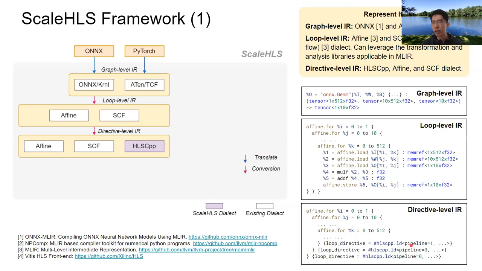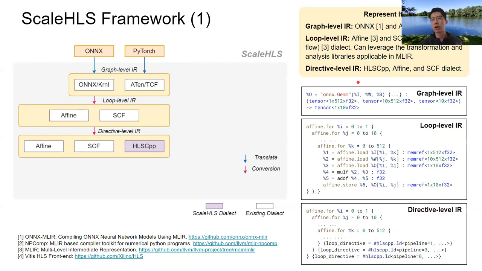And you can observe that for the innermost loop level, we have a pipeline directive applied on it. And for the outer 2 loops, pipeline is set to 0, which means it is off. So we use such an HLSCPP dialect to represent those loop directives, array directives, and function directives as well. So these 3 levels of IR form the representation of ScaleHLS.